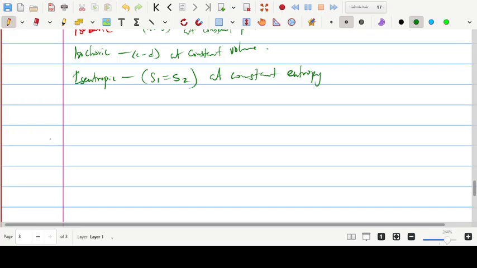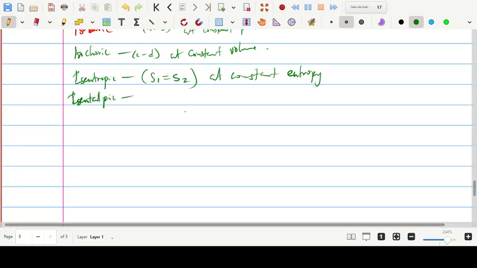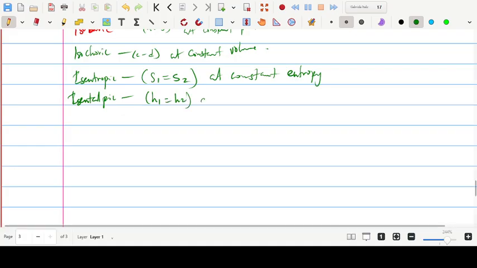And finally we have isenthalpic. For an isenthalpic process, it simply means that it occurs at constant enthalpy. And what's the symbol of enthalpy? That's H. So when you have your H1 equal to H2, that's at constant enthalpy.